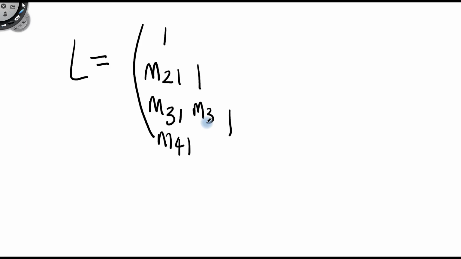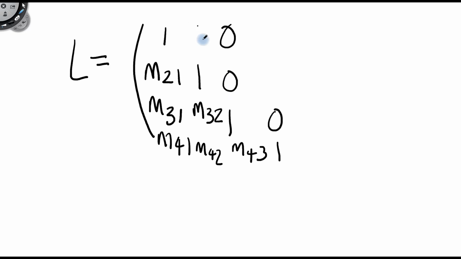Just a correction there, I said 12 previously, that's actually 21. Then M32, M42, and then this element M43. Then we've got zeros. Fill the zeros in. Okay. You probably didn't realize it before, but hopefully you do now: through all those multiplications of rows, you've been accumulating a matrix called L, which is lower triangular.